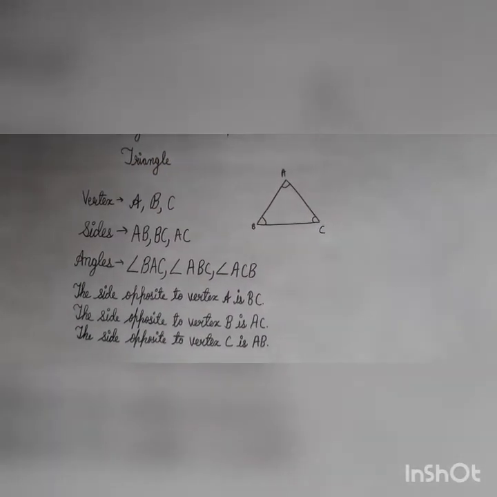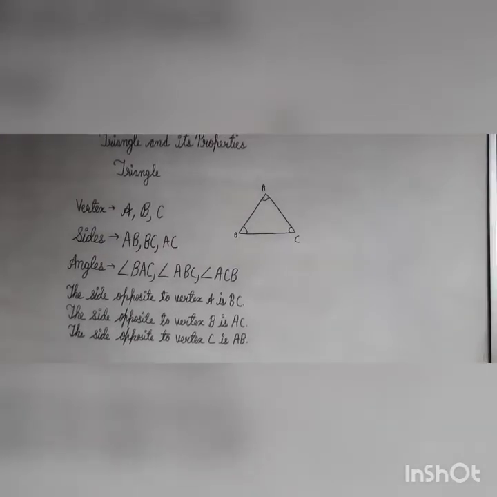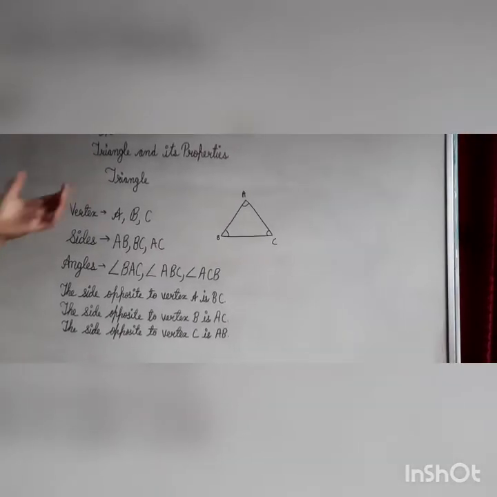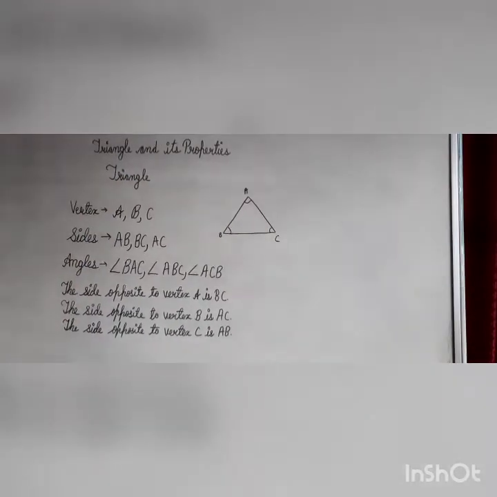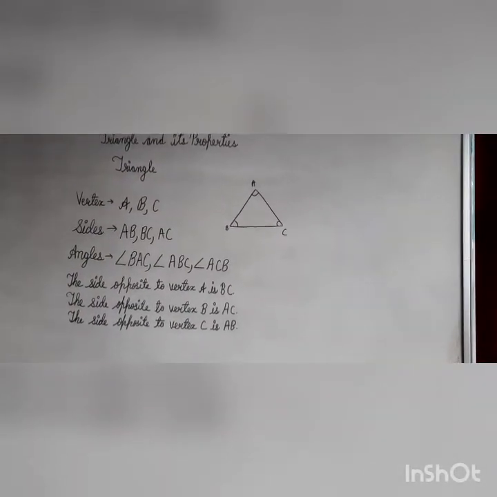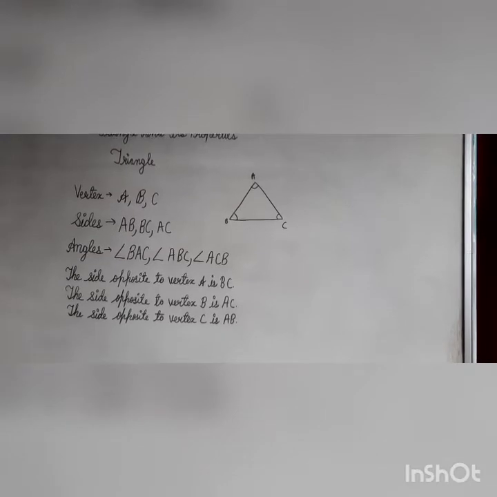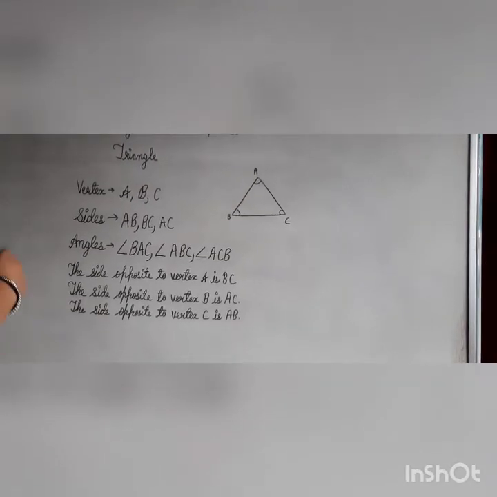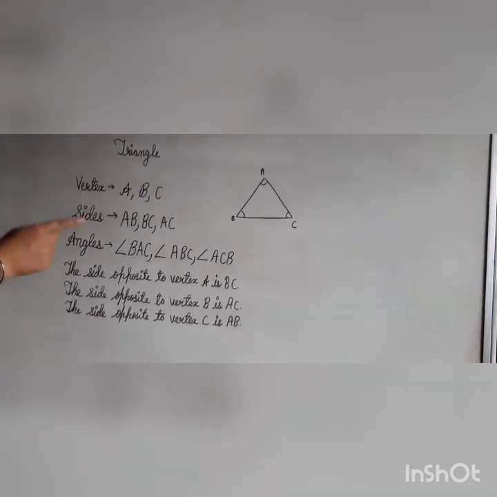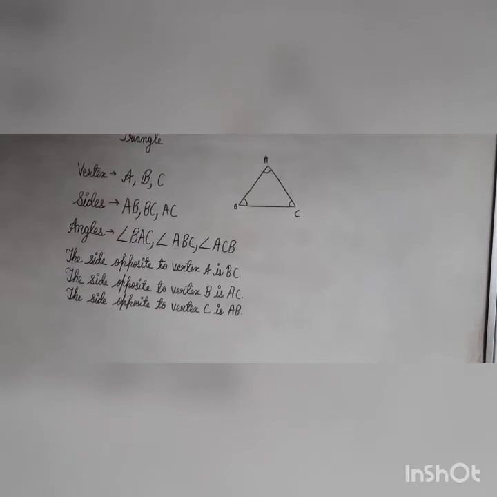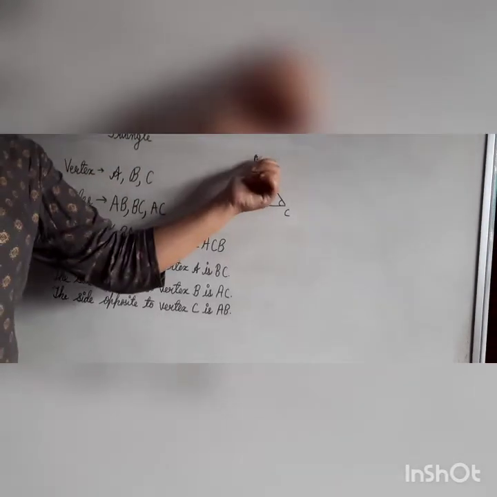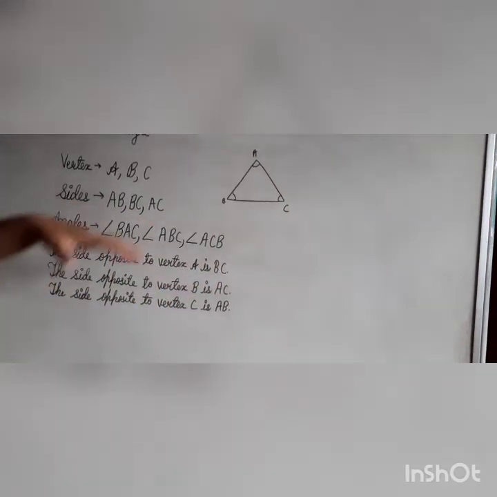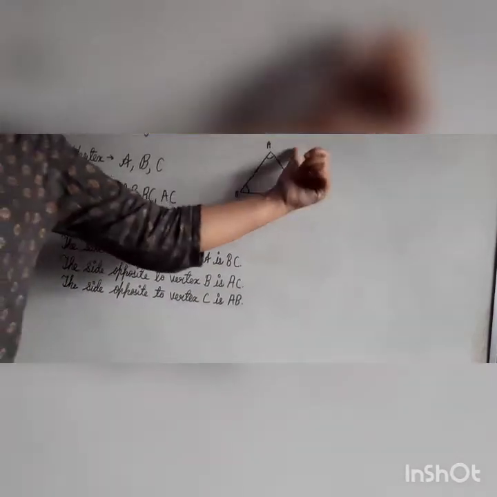Okay class? This is a triangle. You know what a triangle is. A triangle is a simple closed figure which is made up of 3 line segments. A triangle has 3 vertices, 3 sides and 3 angles. The vertices are vertex A, vertex B and vertex C. Sides are AB, BC and AC.